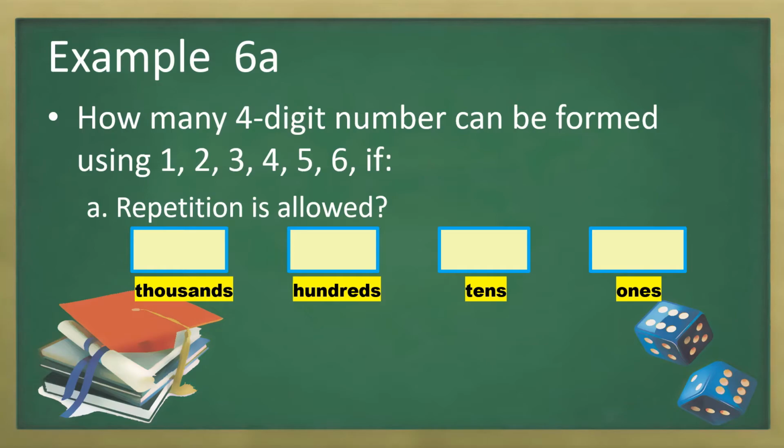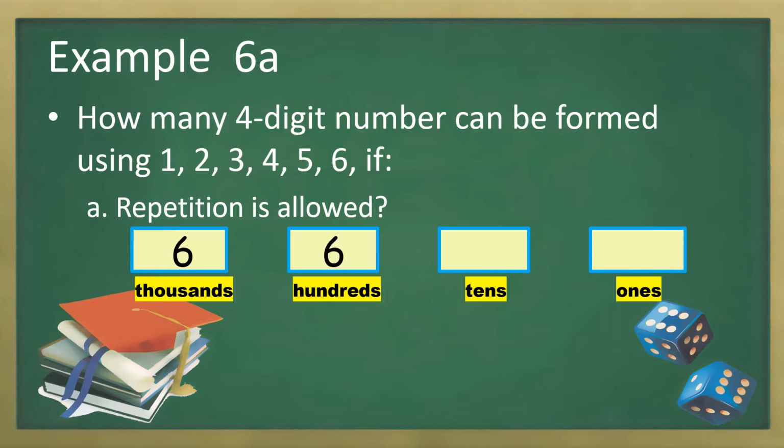All you have to do now is to get the number of choices, or the number of ways, for every selection. For the thousands place, we can choose from the numbers 1 to 6 since we're going to use this set of numbers. Then since repetition is allowed, on the hundreds place we can still use 1, 2, 3, 4, 5, 6.